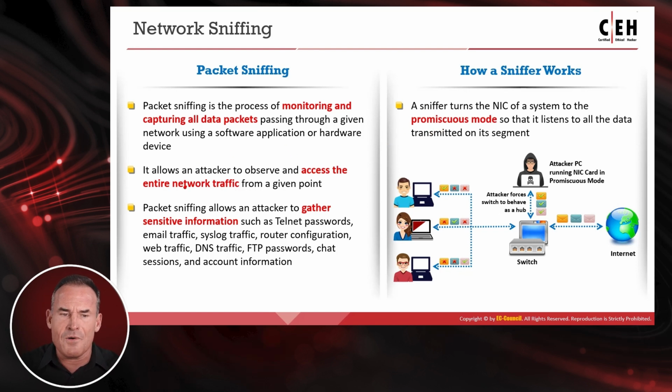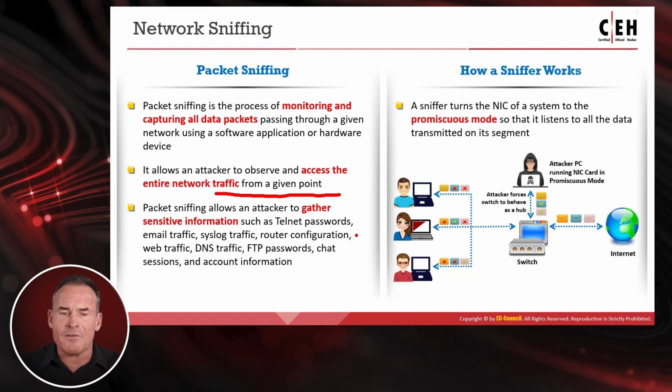So we need to observe from a given point, meaning we need a vantage point where we can actually witness or intercept the traffic. And in a switched environment, that's almost never the case by default or organically. We're gonna have to do something to get access to that traffic.